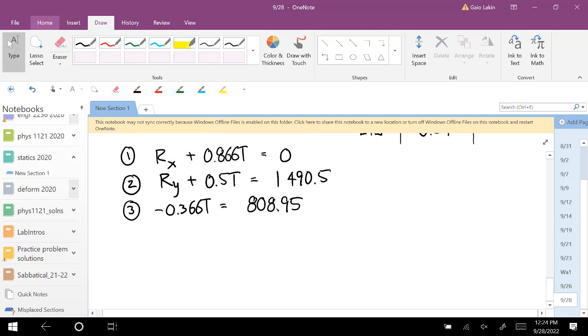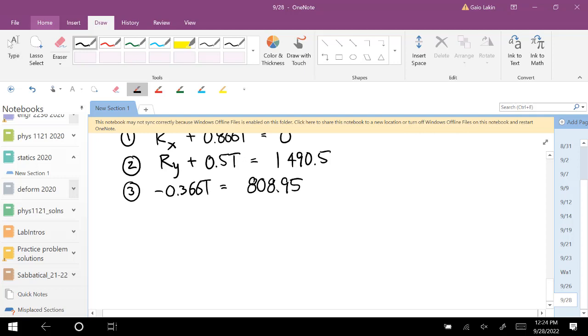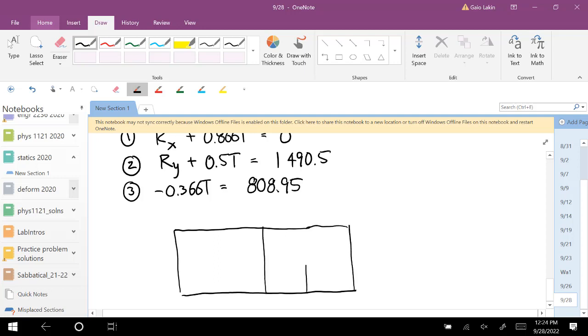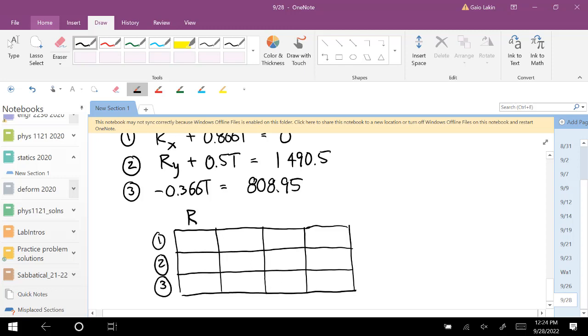So let's write out a table, an augmented matrix. We have three equations and three variables. So this is going to have 3 rows and 4 columns. I'll order it Rx, Ry, T, and then the constant.